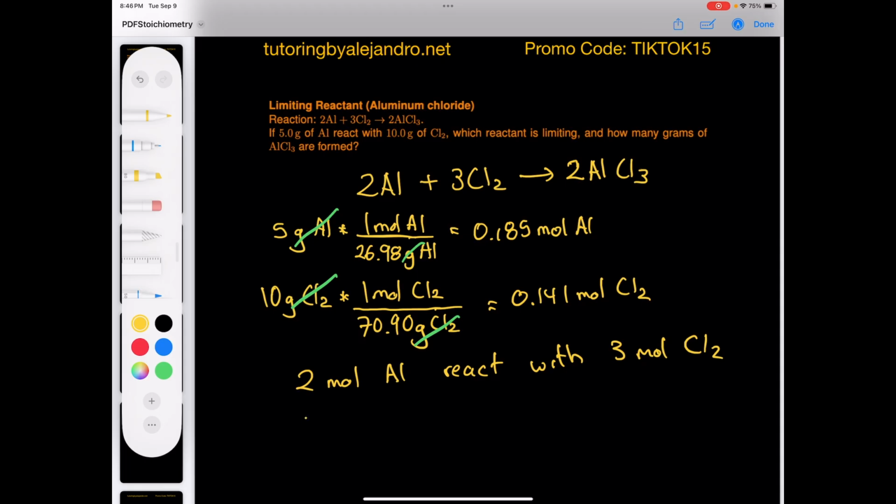So if we have 0.185 moles of Al, what does that give us? Based on the mole ratio, we should use 2 moles of Al, 3 moles of Cl2, and canceling out moles and moles.